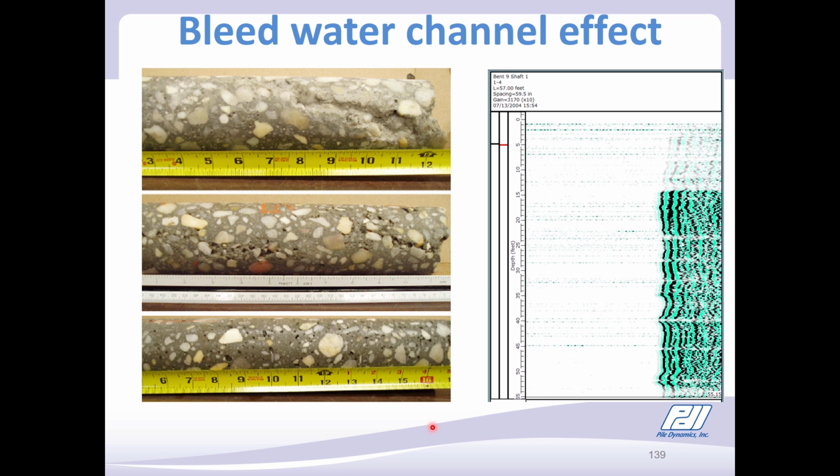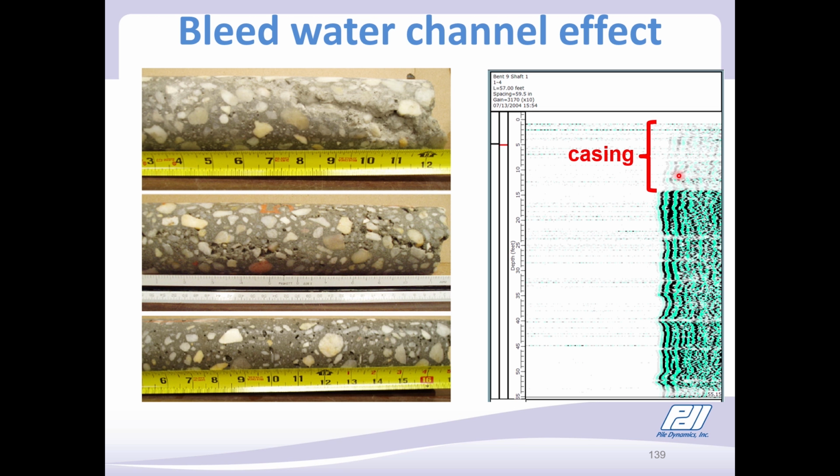Another issue or problem that can occur in crosshole sonic logging testing is observed in this particular profile. We had a relatively poor mix, and in this particular case, we had a permanent casing in the shaft, and you can see that the location that corresponds to the permanent casing is again relatively weak, and it's caused by the flow of water.